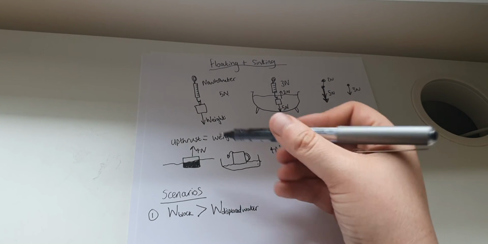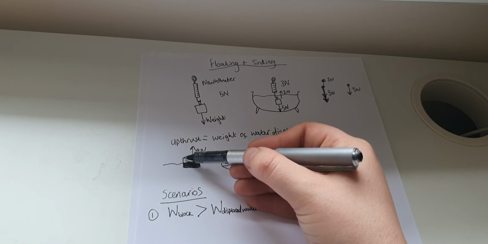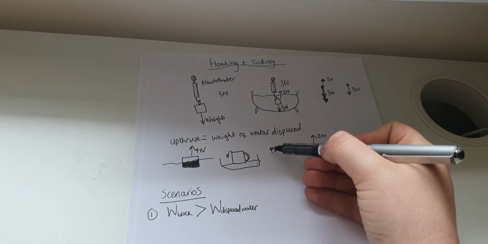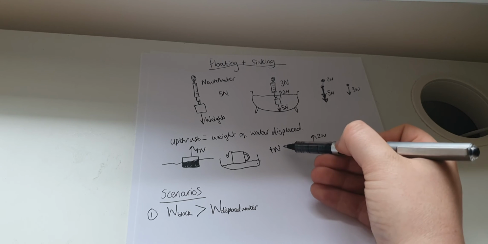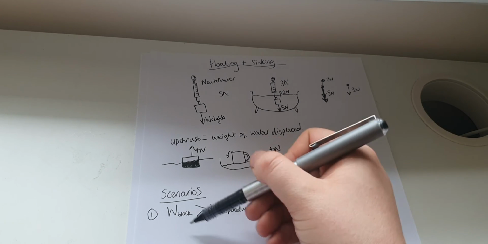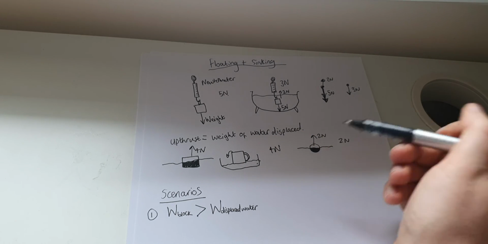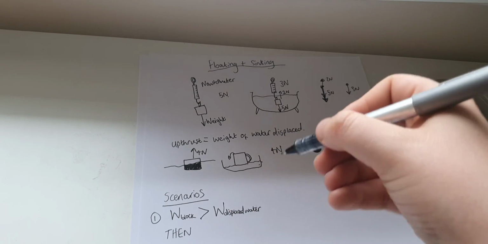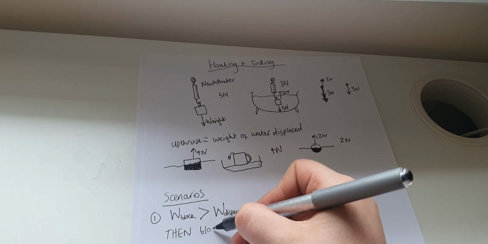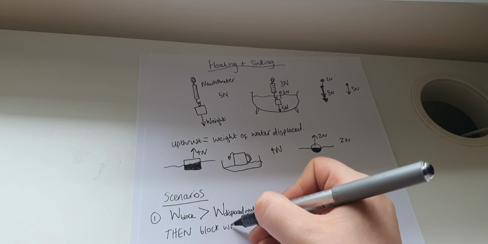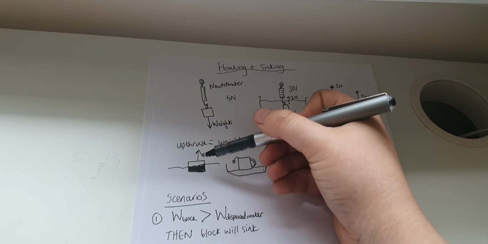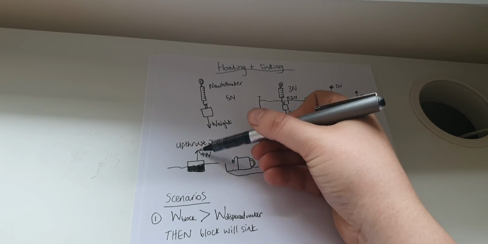So imagine I weigh this whole block and it says 7 newtons, whereas the weight of the water it actually moved out of the way was only 4 newtons. Okay, that's what this scenario is describing. What will happen? Well, the block will sink.